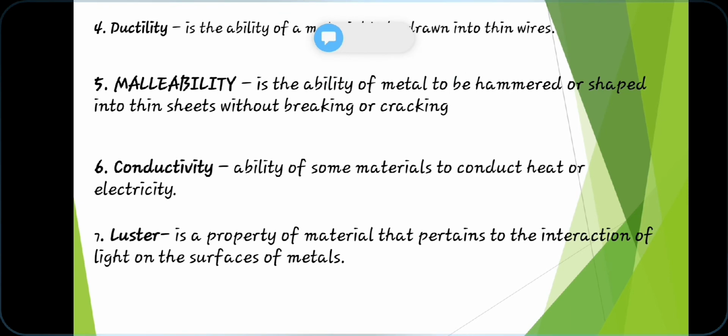One example of malleability is a piece of wood. When a piece of wood is being hammered, it can be reshaped. So that was the example of malleability.